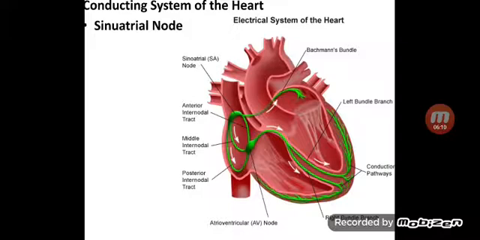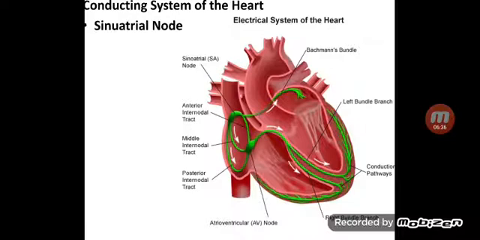Then the AV node. This is the second node that you see on this slide. Where is the location of this node? It is located on the lower part of the atrial septum, just to the left side of the opening of the coronary sinus.